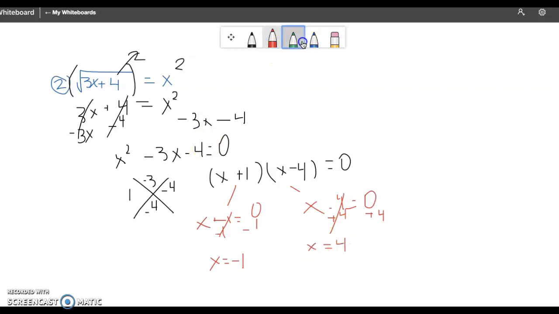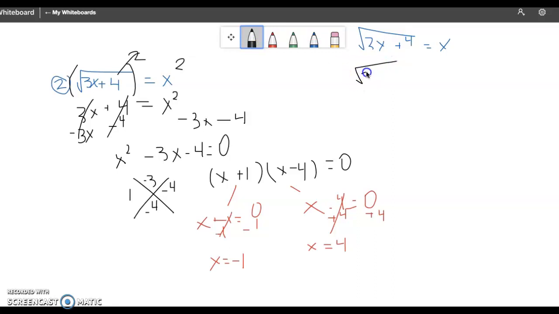So once again, I'm going to rewrite the original expression. The square root of 3x plus 4 equals x. We are going to plug into two different equations, negative 1 and then 4. So in the first one, we're going to be checking if negative 1 is a solution.